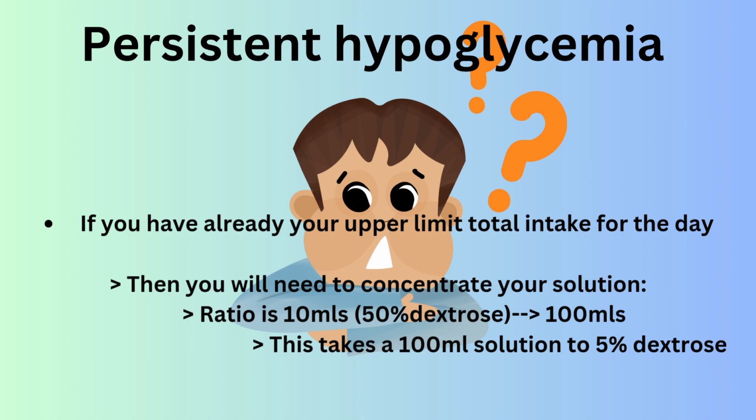So it will increase it by 2.5%. So that's how we make a 12.5% Neolite bag or a 15% Neolite bag. And then you recalculate your glucose delivery according to the equations that I have given you. You calculate feeds separately, you calculate fluids separately, and then you add the total. That will be your glucose delivery.